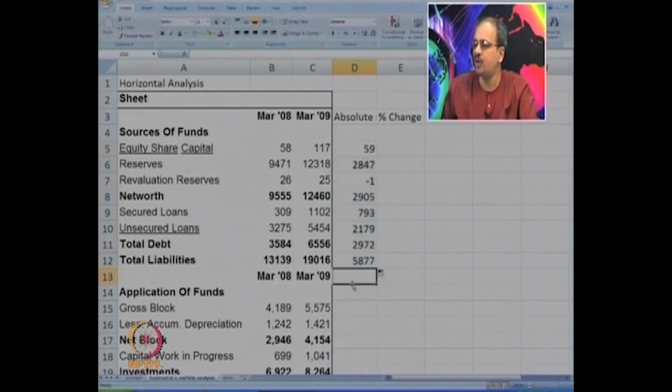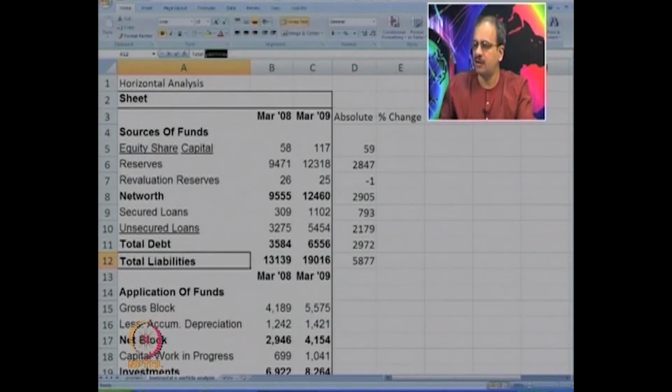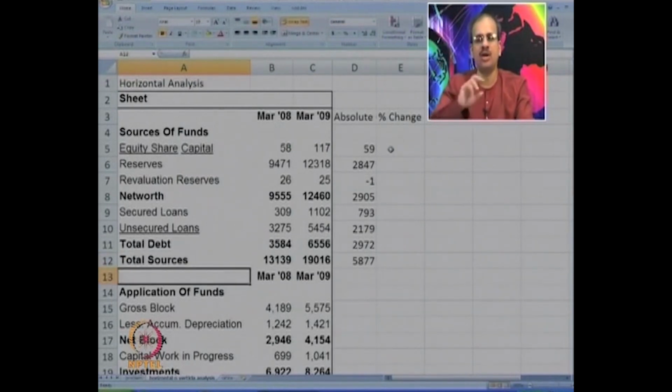If you drag it down, then for all these years you will realize that most of the items have increased except revaluation reserves. I will just rename this as total sources. You cannot really understand exactly whether the difference is much more or less. It is better to find it in percentage terms.